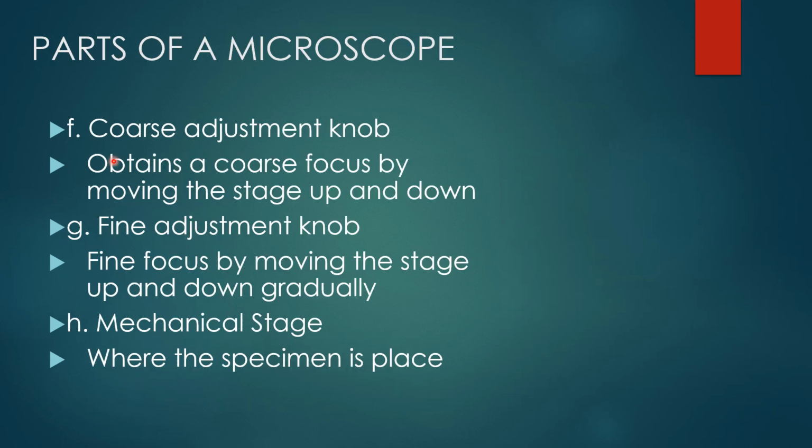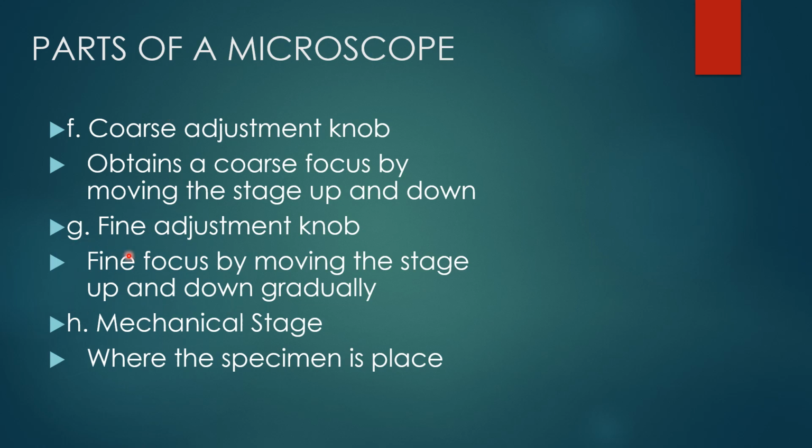And yes, you have your coarse adjustment knob. Your coarse adjustment knob is utilized to obtain a coarse focus by moving the stage up and down. This one is usually utilized when using your low power objective together with your scanning objective, to give you a coarse focus.